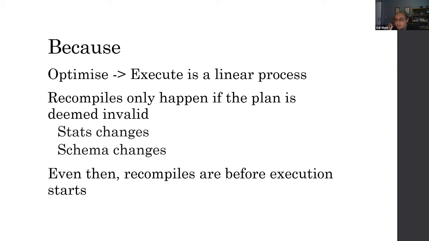It took the plan, it executed the plan. If that plan was invalid or inefficient for any particular reason, too bad, sucks to be you. I hope you enjoy waiting 20 minutes for this query to execute, because the query processor will simply run it.